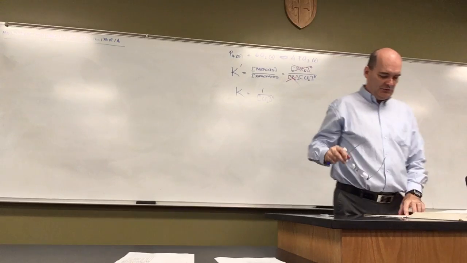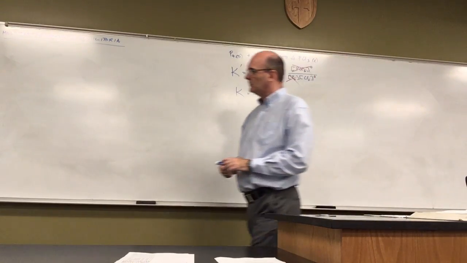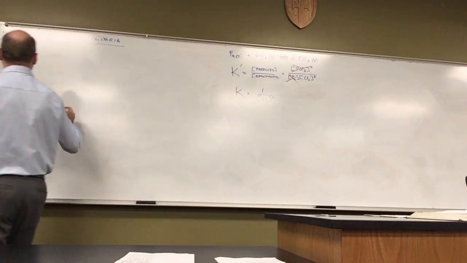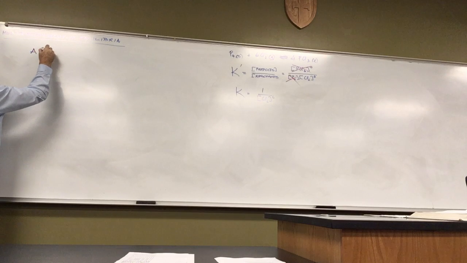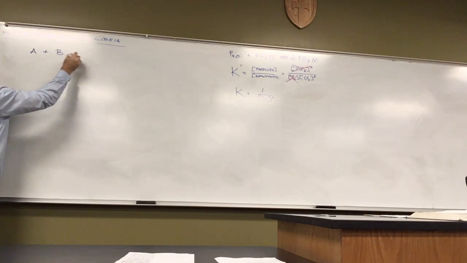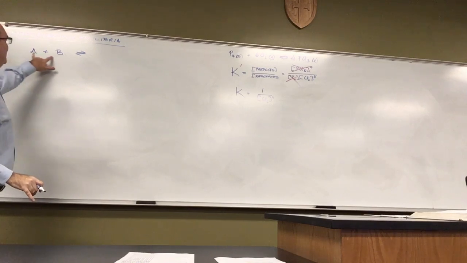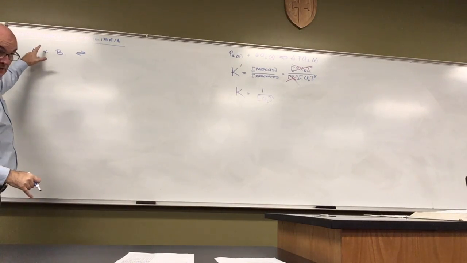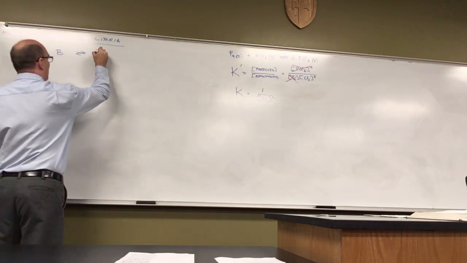Okay, if I have 2 consecutive reactions, let's say A reacts with B. And I'm leaving space right here to quantify that I might have A molecules of A and B molecules of B, like we did before.